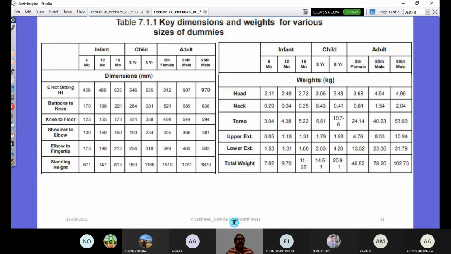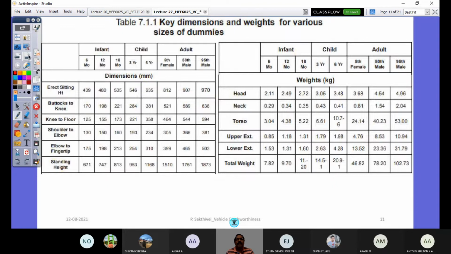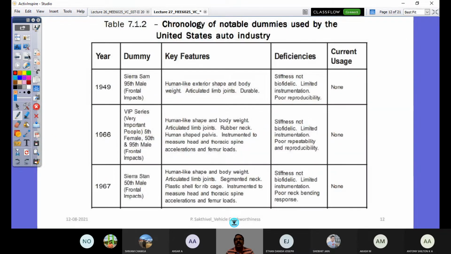So you may go through later, and it's also available in our textbook. And then you see the chronology of notable dummies used by the United States auto industry. You also have Euro dummies, and every country has its own development.